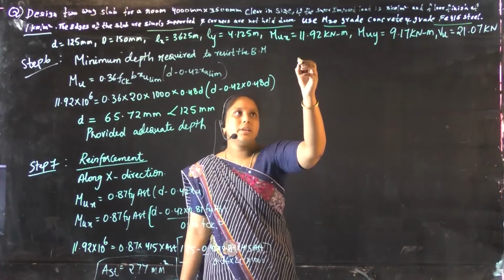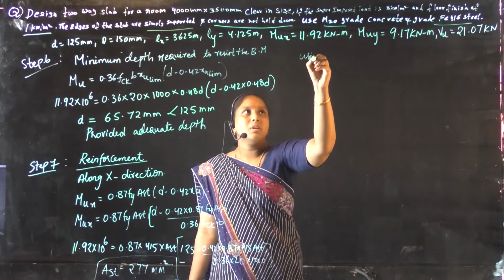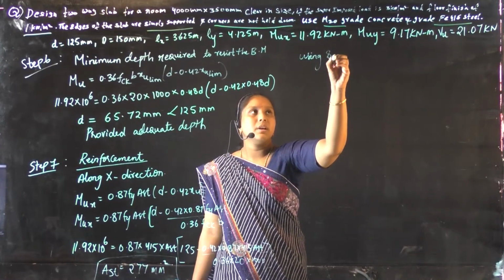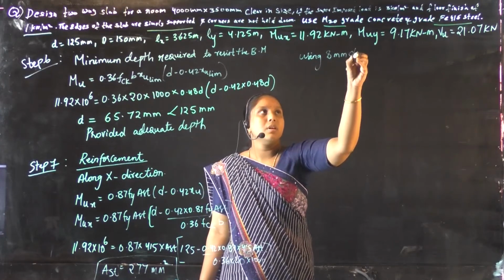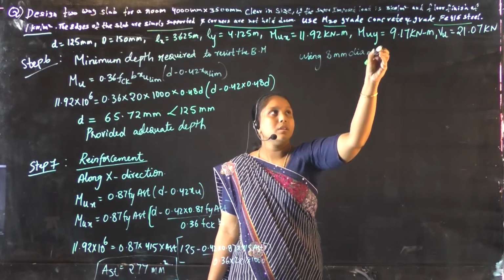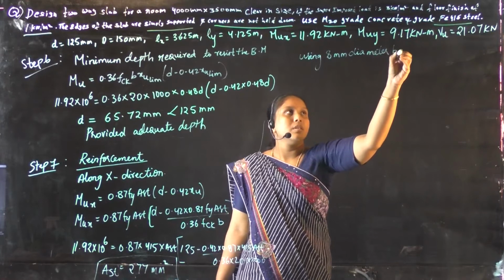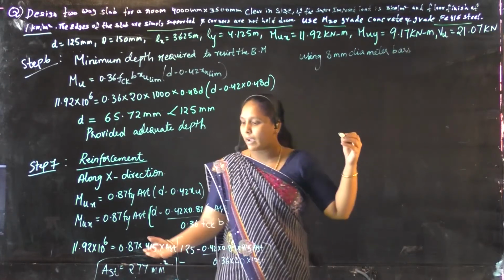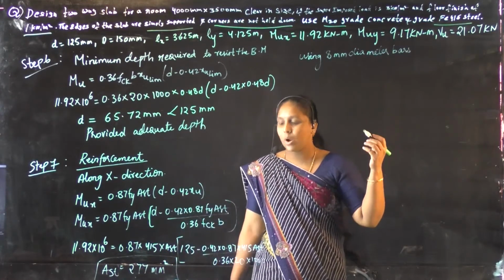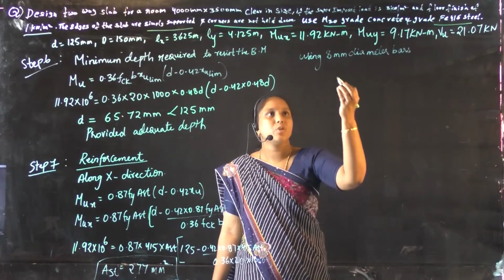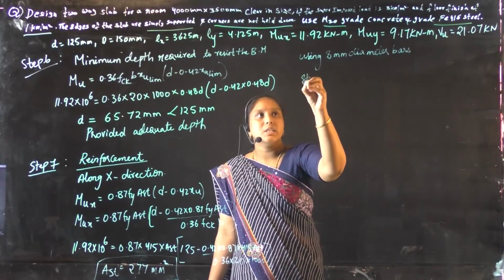Now here I am using 8 mm diameter bars. So we have got the area of steel as 277 mm square. Now what do I have to calculate? I have to calculate the spacing.